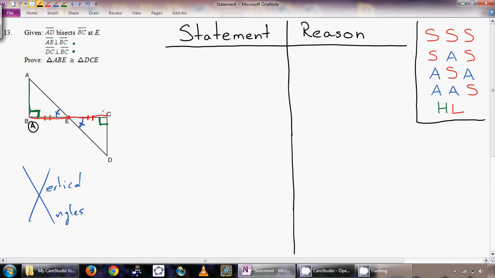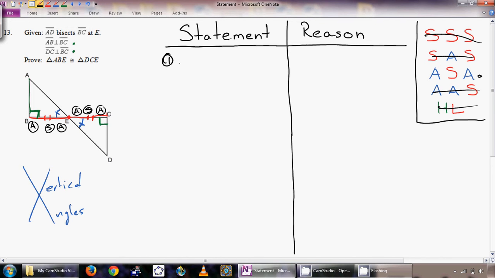There's a pair of congruent angles. These red sides were congruent because that's the definition of a bisector. And these angles opposite one another, they're vertical angles, and they're congruent because that's the definition of vertical angles. So this is going to be an angle-side angle postulate. It's just a matter of writing it up now.